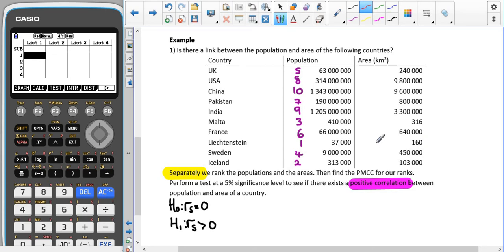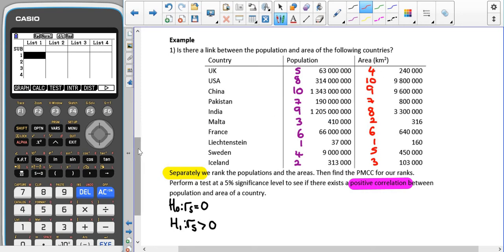So again, Liechtenstein has the smallest area, but this time Malta has the second smallest area, followed by Iceland, and then the UK, then Sweden, then France, then Pakistan, then India, then China, and then the USA.